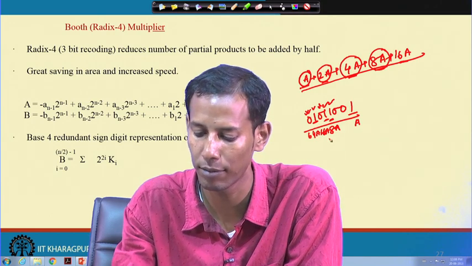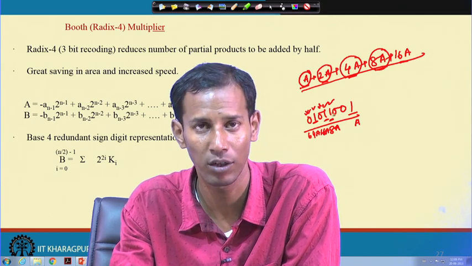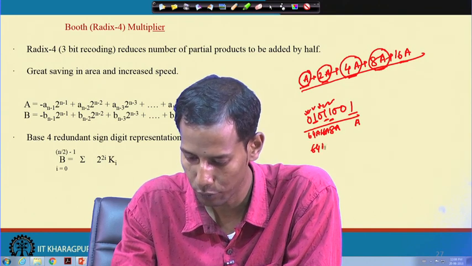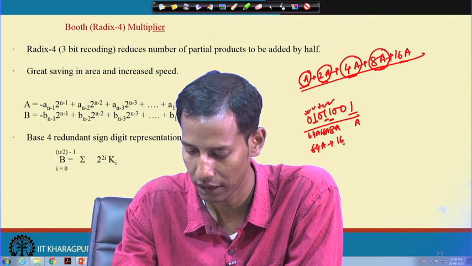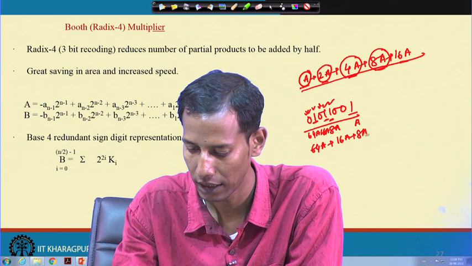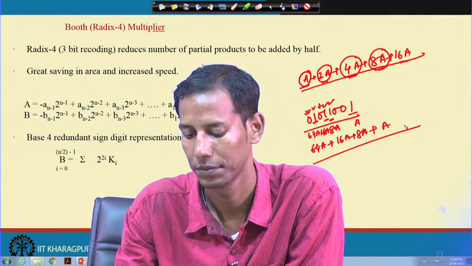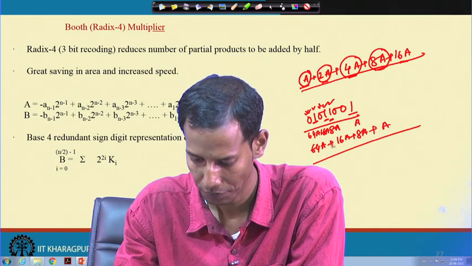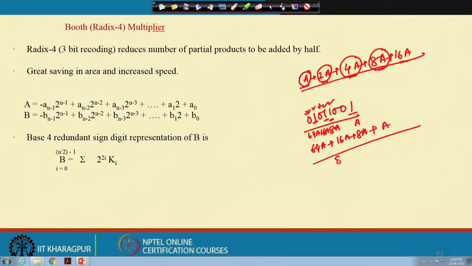So, finally, based on finding the ones, I have to add 16A plus 8A plus A, and finally, I will get 89A. So, 89A means A multiplied with 89. So, the final result I will get.